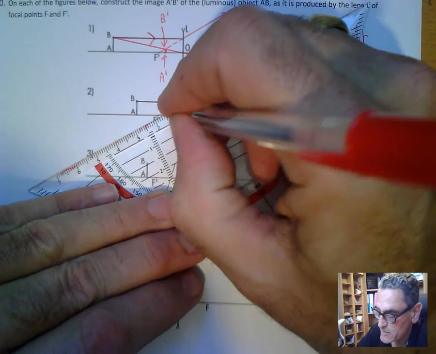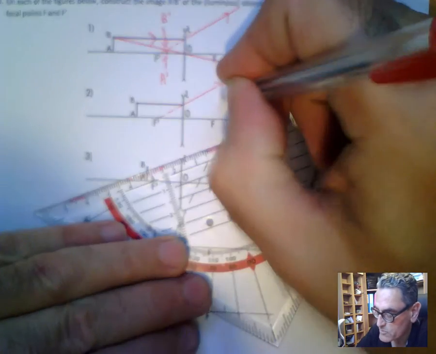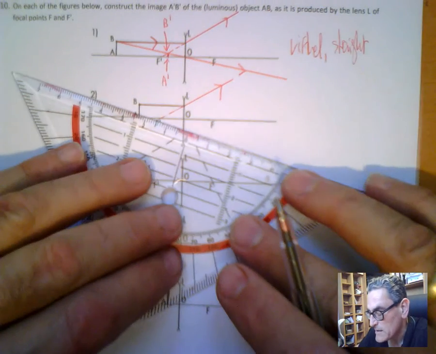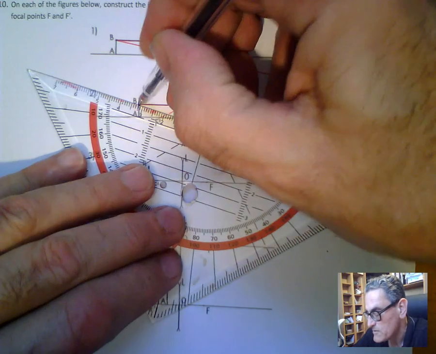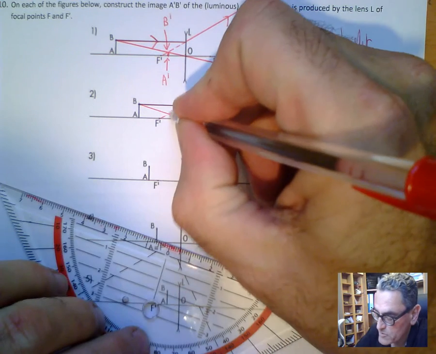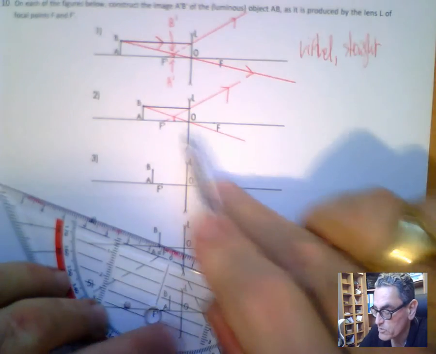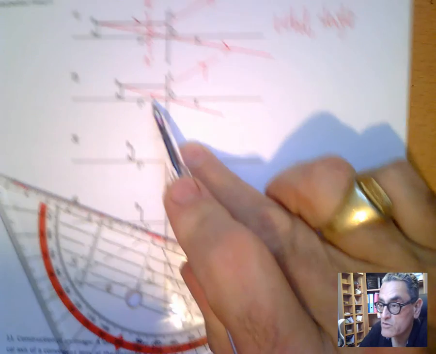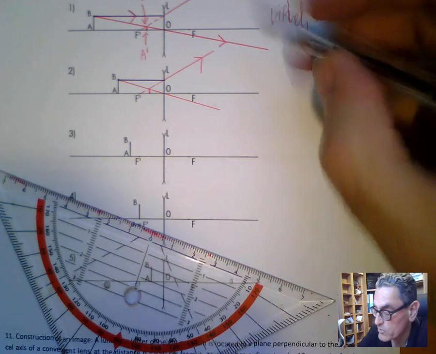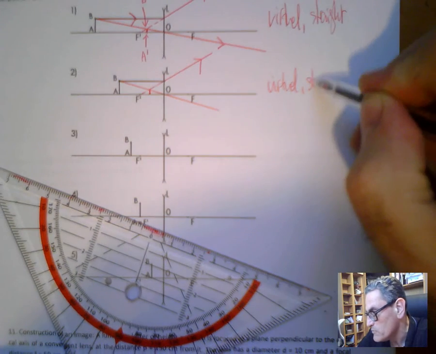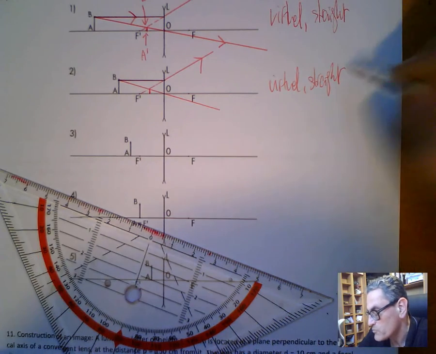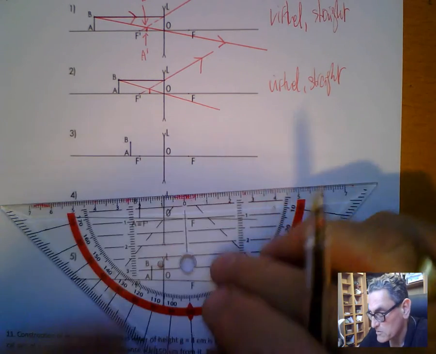Okay, so this guy is always going to go this way, and now the object is closer. Okay, and so this intersection point is going to be here, but it's again going to be a small virtual straight image. Let's continue.